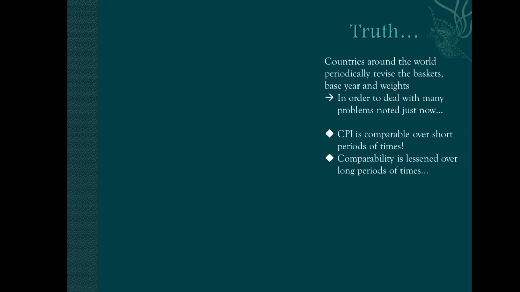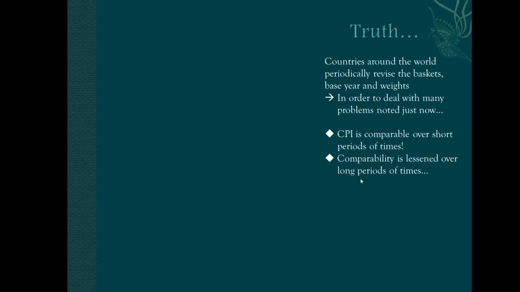So here is the conclusion: in the real world, CPI is comparable, but only over short periods of time. It makes sense, because in a short period of time they are not going to revise the baskets and other information.